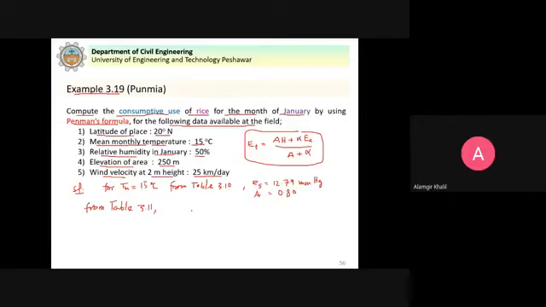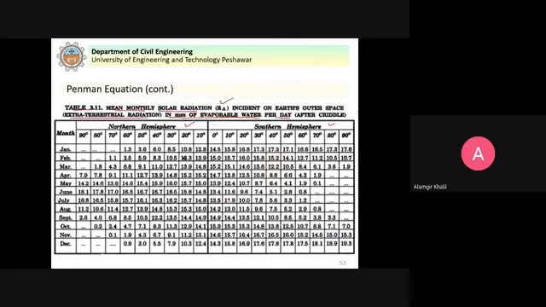You see that the latitude is given as 20° N, and the month is January. So we go to table 3.11. Now we have the month of January, and the location of that area is 20°, which is given in the question. For 20° and the month of January, this is 10.8.